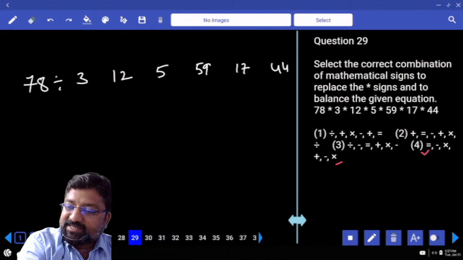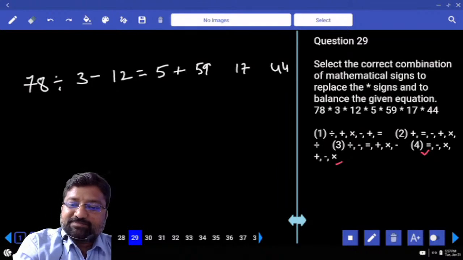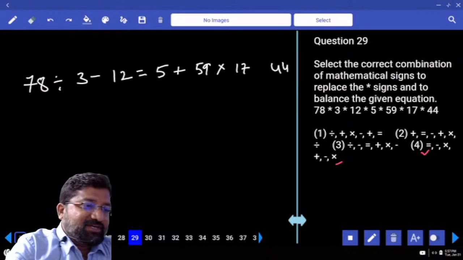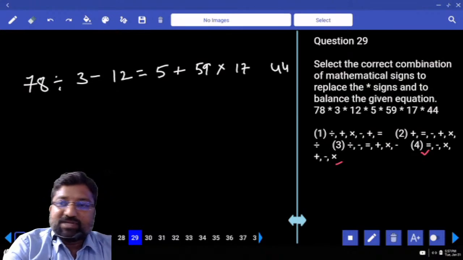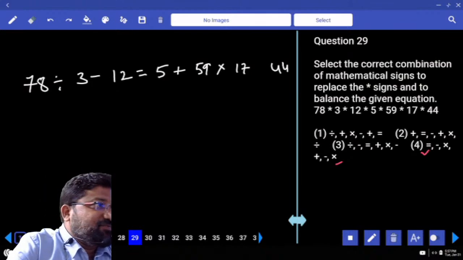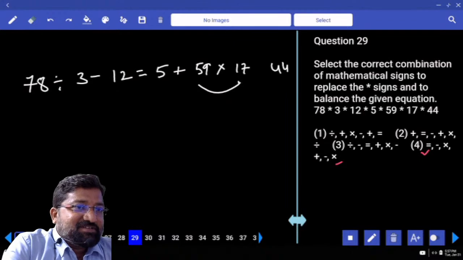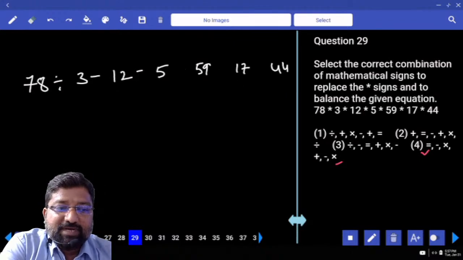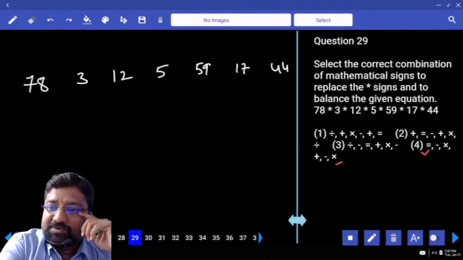Let's see. Next is minus, equals to, plus, into. 78 divided by 3 gives us 26. 26 minus 12 is 14. But 59 into 17, what is this here? Is there a chance? Check the third option. Whenever you have a question where you depend on the options, we always start from reverse.